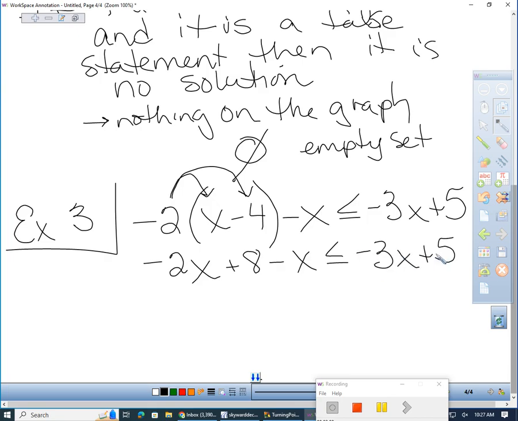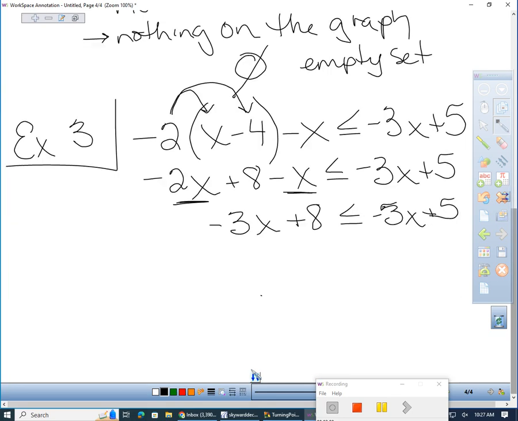Now we combine like terms. So negative 2x and negative x is a total of how many? Negative 3x plus 8 is less than or equal to negative 3x plus 5. All right. Now I'm going to add my 3x to the left.